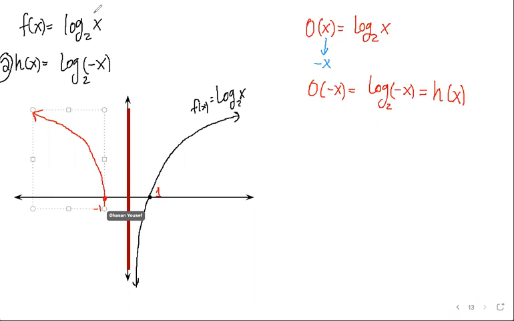And on this side, it's something like this. So this is h of x equal log of minus x to the base 2. Any question? Anyone has a question?